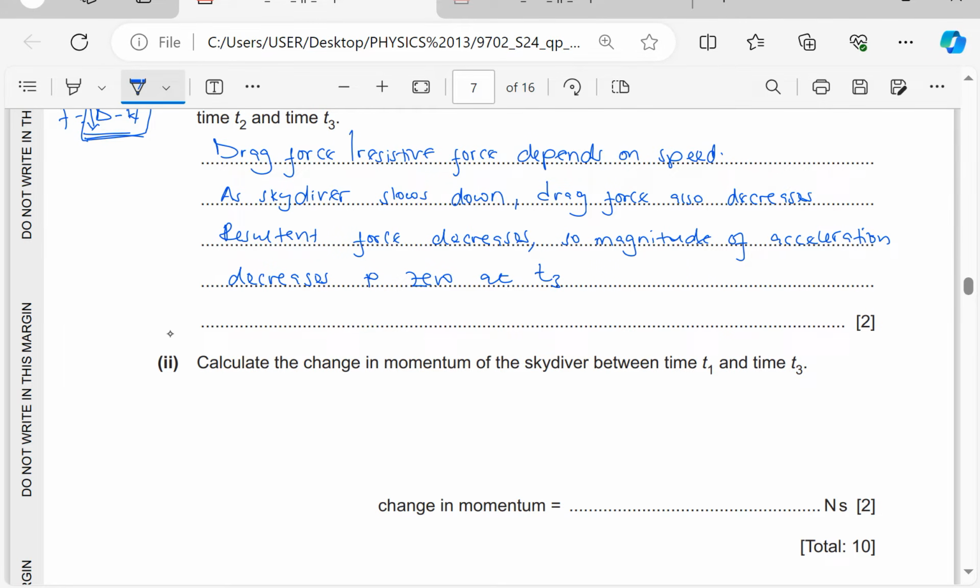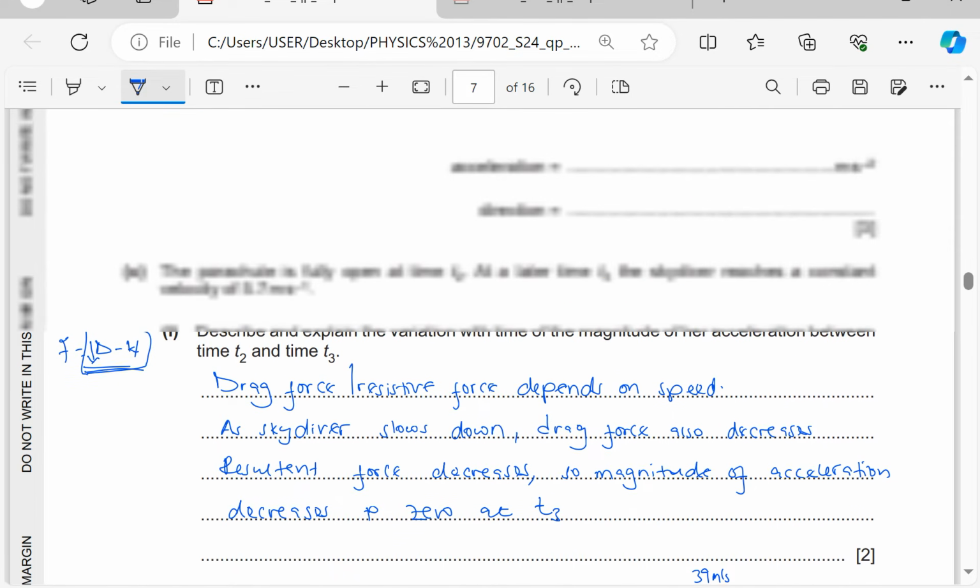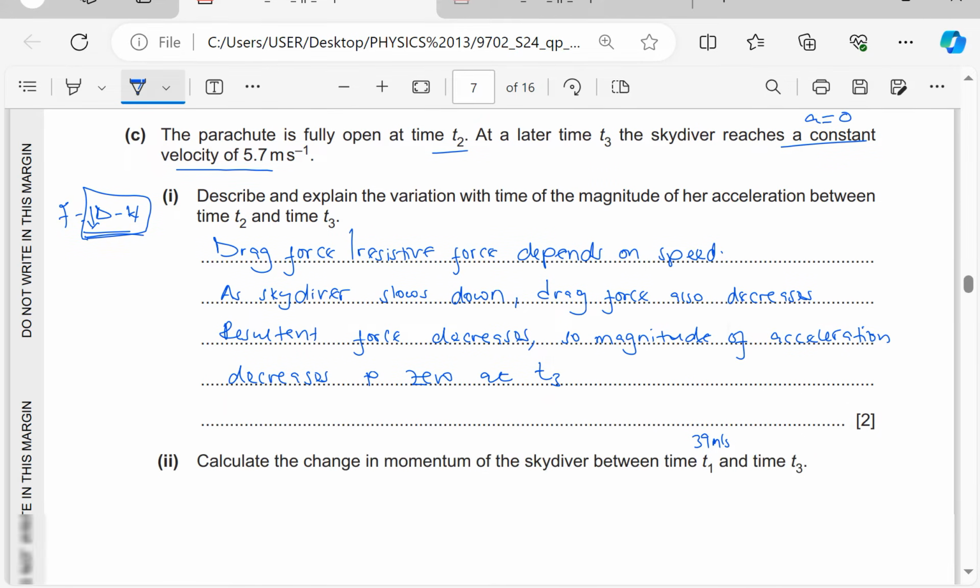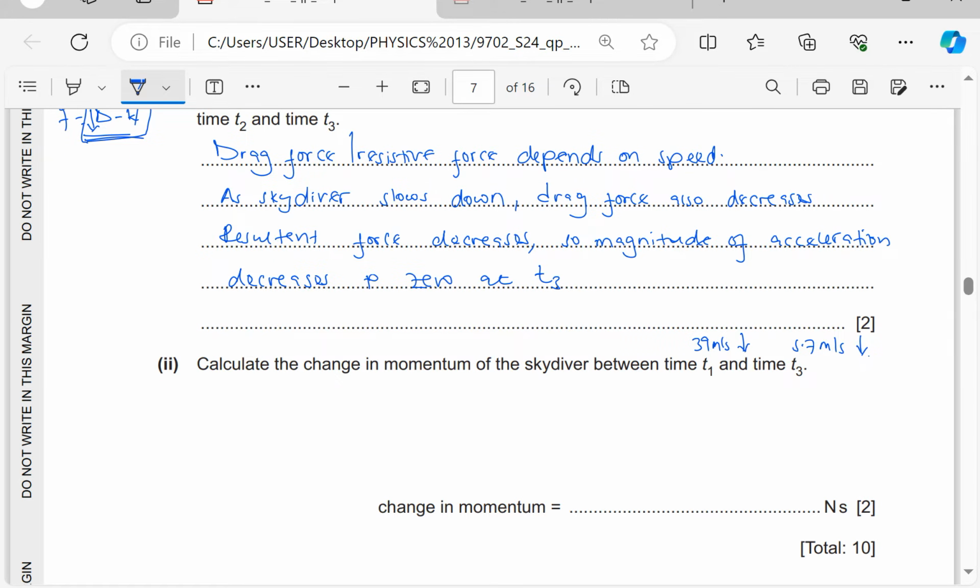Okay, then calculate the change in momentum of the skydiver between t1 and t3. Remember at t1 the speed was 39 meters per second, and at t3 we have seen the speed is 5.7 meters per second. At t1 it was falling downwards, at t3 it is still moving downwards, so they're in the same direction. But we want the change in momentum, which is the mass times the change in velocity.